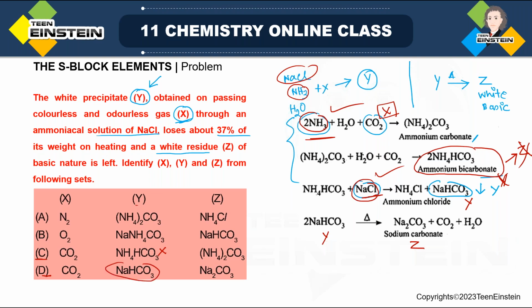So this is Y and this is Z. To answer this question, if you do not have prior idea about all these details of the Solvay process, then we will not be able to answer it. That is why these equations are so important. This is the correct option.